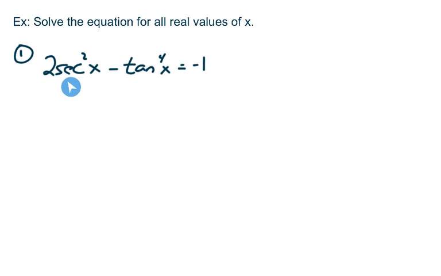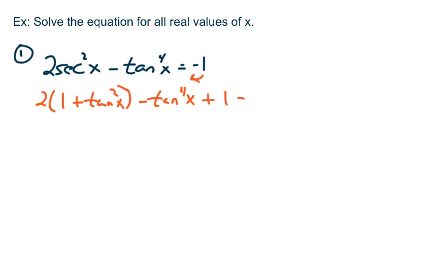I think it makes sense to rewrite secant in terms of tangent, because our calculators can't do the secant inverse, but they can do the tangent inverse. So let's rewrite secant in terms of tangent. There was one really nice identity from the Pythagorean section in 7.1 that allows us to rewrite secant squared in terms of tangent squared, and that would be 2 times the secant squared is equal to 1 plus the tangent squared of x, minus tangent to the fourth of x equals, and before we do that, I'm just going to move this 1 that direction, plus 1 equals 0.